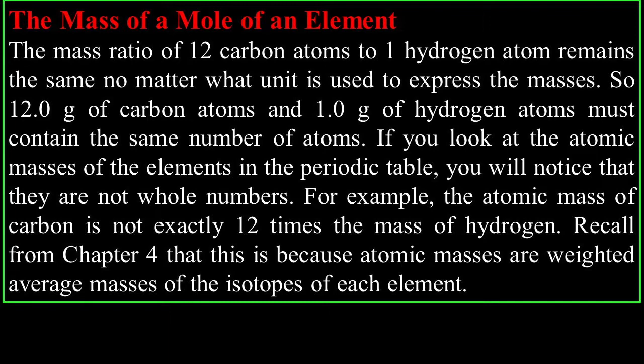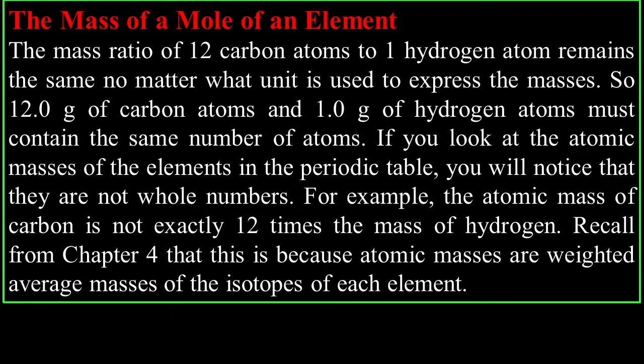All right, the mass ratio of 12 carbon atoms to one hydrogen atom remains the same no matter what unit is used to express the masses. That's key. So, 12 grams of carbon atoms and 1 gram of hydrogen atoms must contain the same number of atoms. If you look at the atomic masses of the elements in the periodic table, you will notice that they are not whole numbers.